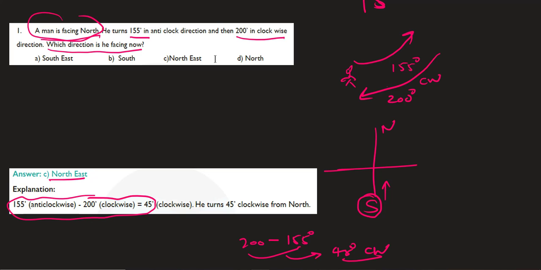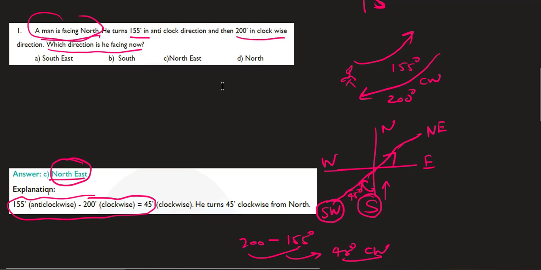So from the south, this 45-degree angle in the clockwise direction will be southwest. Now if a person is in the southwest direction, that means he is facing northeast. So the facing direction would be northeast.